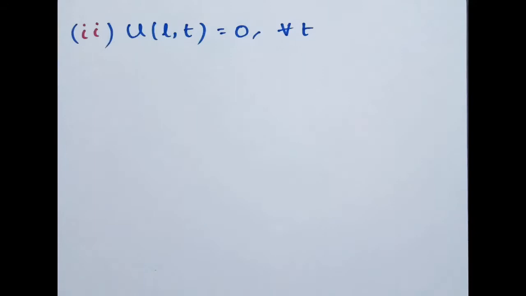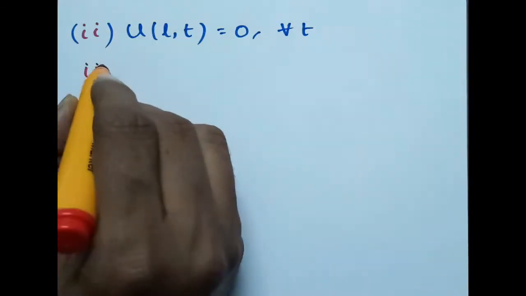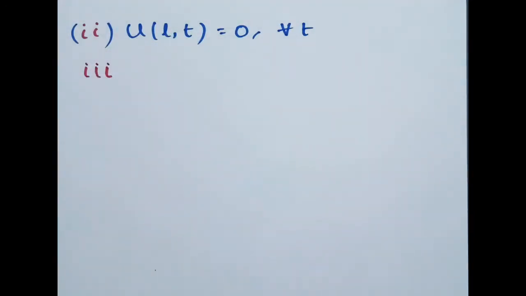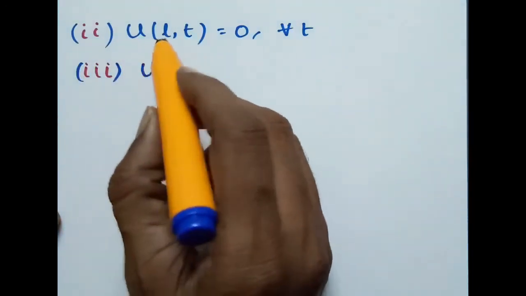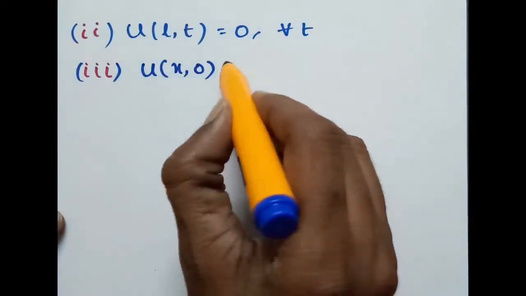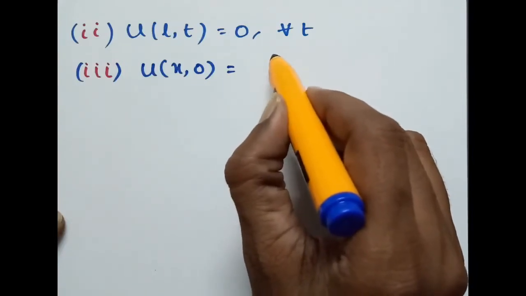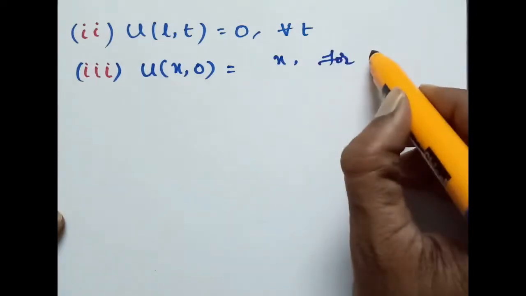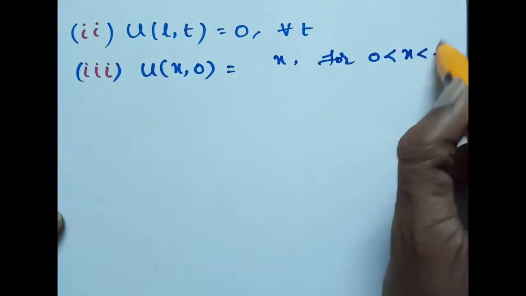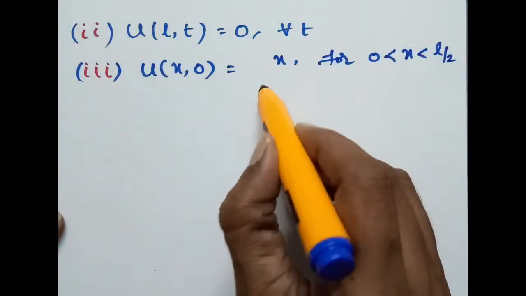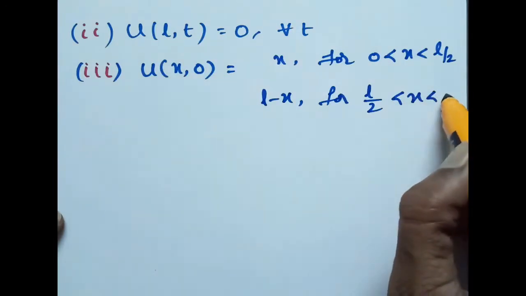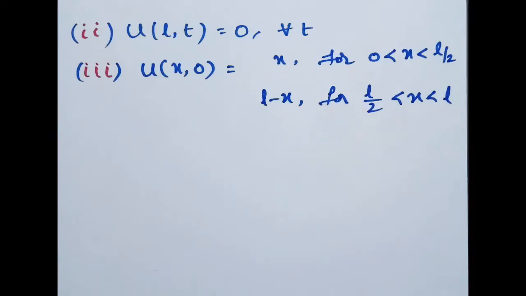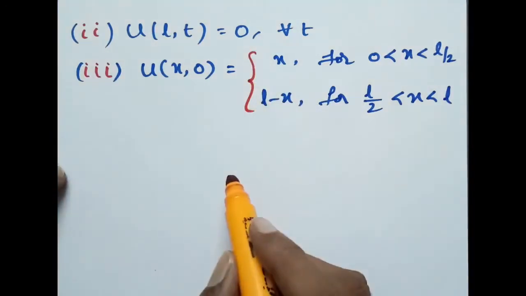Number 3, initial temperature distribution along the rod, u of x comma 0 is equal to x for 0 less than x less than L by 2 and L minus x for L by 2 less than x less than L. This is the initial temperature distribution along the rod.